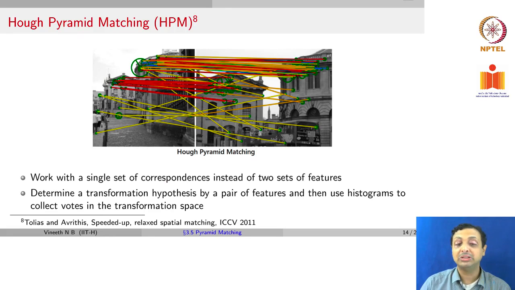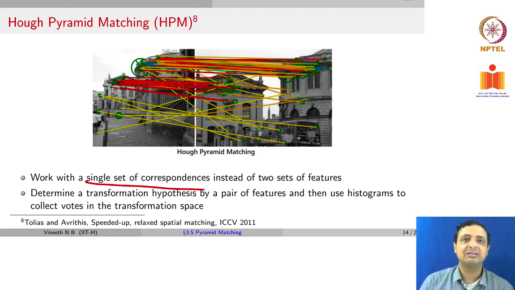So you could have a bunch of correspondences which you get from matching at the level of key points. And what we're going to do now is work with these correspondences instead of two sets of unordered features. So you have a set of correspondences that you already get by doing fast pyramid matching.